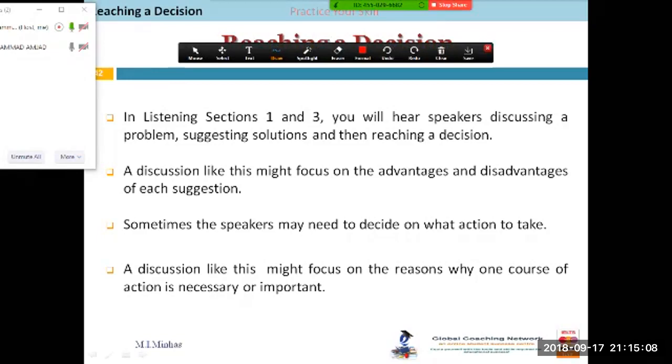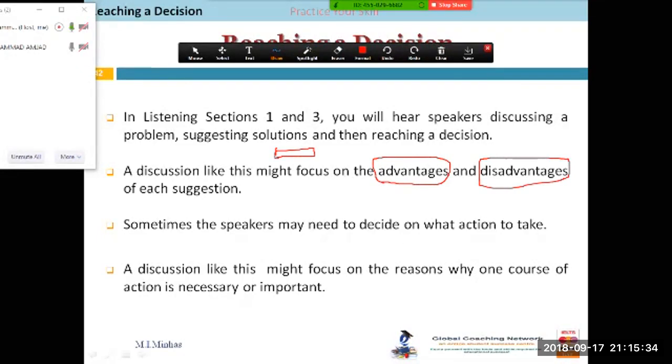But as I mentioned, for making any decision, there will be some advantages and disadvantages, discussed about the different options that are given to the speakers. In section 3, as we have seen already, there is a disagreement in the beginning.